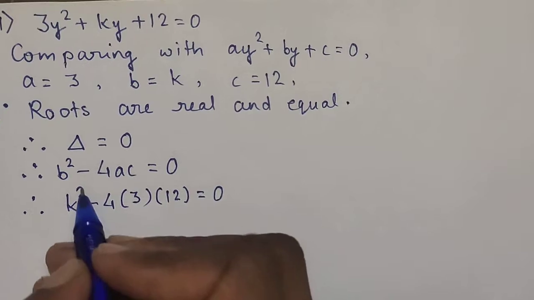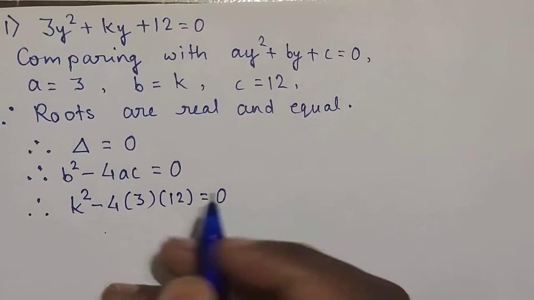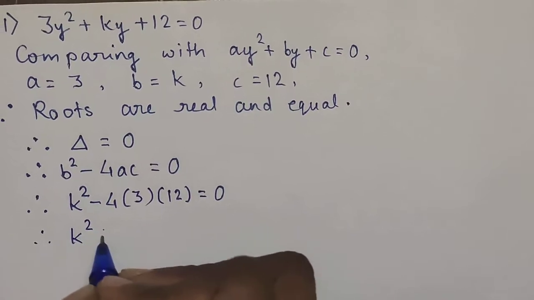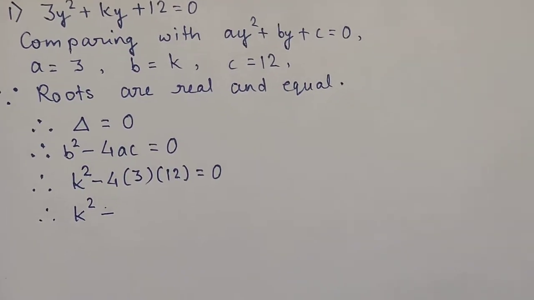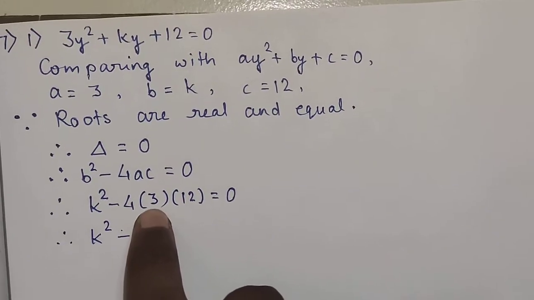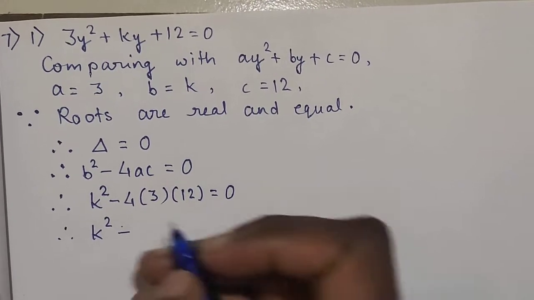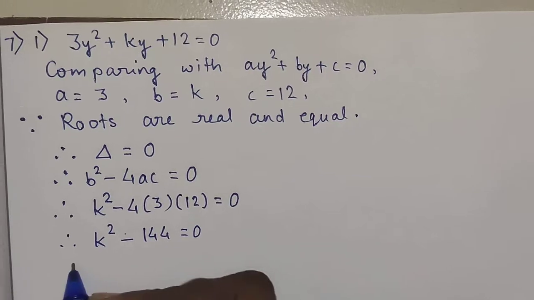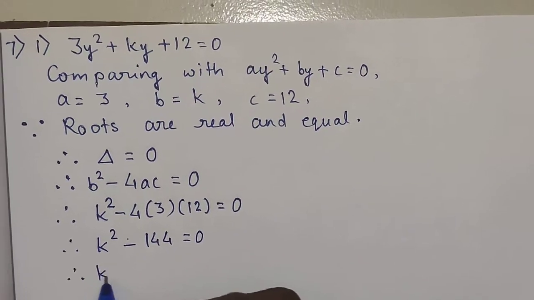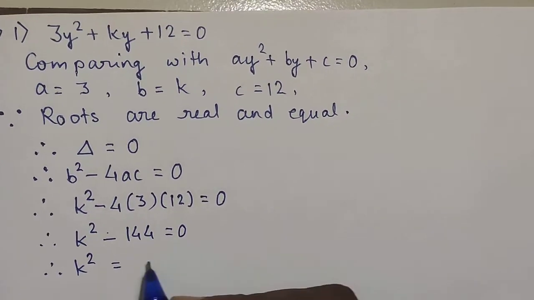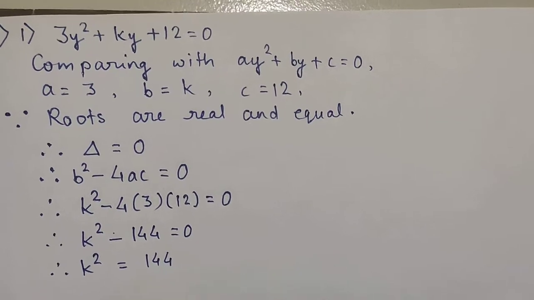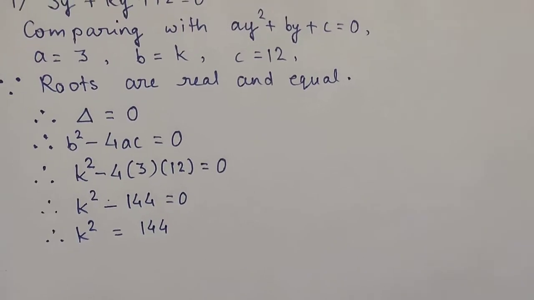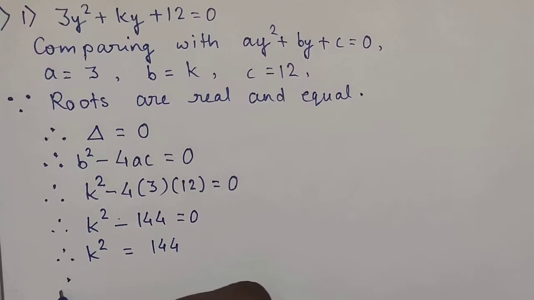Okay. So b square minus 4ac equals to 0. Now let us simplify this. This is k square minus, if you multiply now, this is 4 threes are 12 and 12 twelves are 144. Okay. Now in the next step, transfer this 144 to the right hand side, so that it becomes k square equals plus 144.